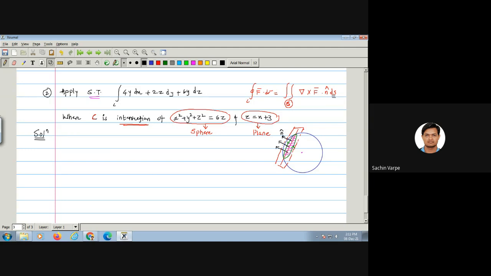So how do we get a normal vector to any particular surface? Do you have any idea? Okay, anyways, do we have the equation of this surface? Do we have the equation of this surface at least? This black surface.